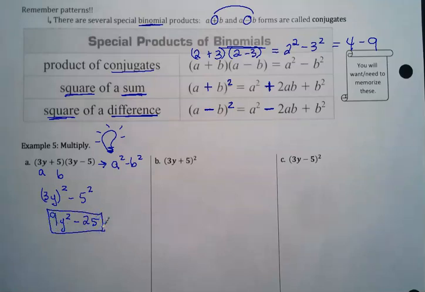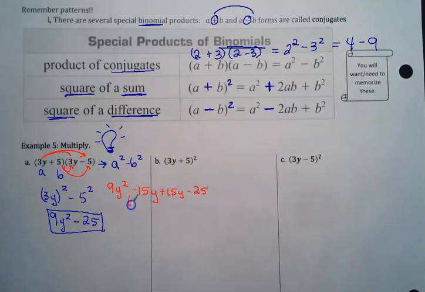Now again, I could do out all the work and FOIL that and get the same thing. Okay, so 3y times 3y is 9y squared. 3y times negative 5 is going to be negative 15y. 5 times 3y is going to be a positive 15y. And 5 times negative 5 is going to be a negative 25.